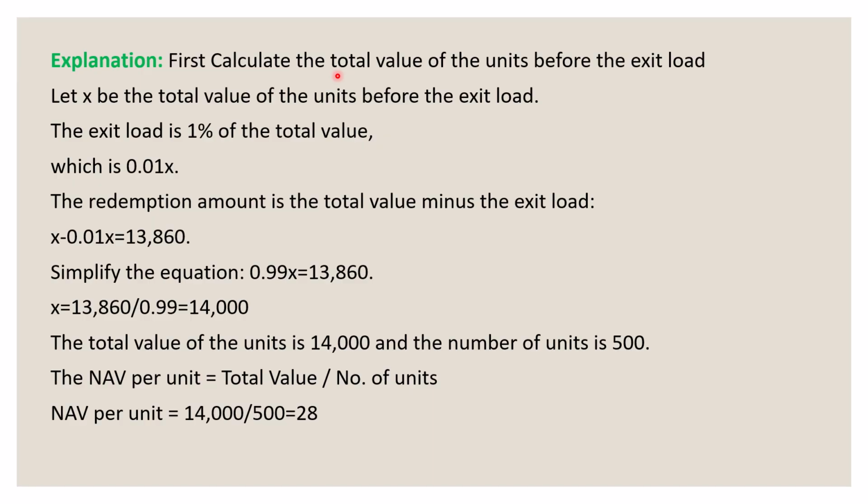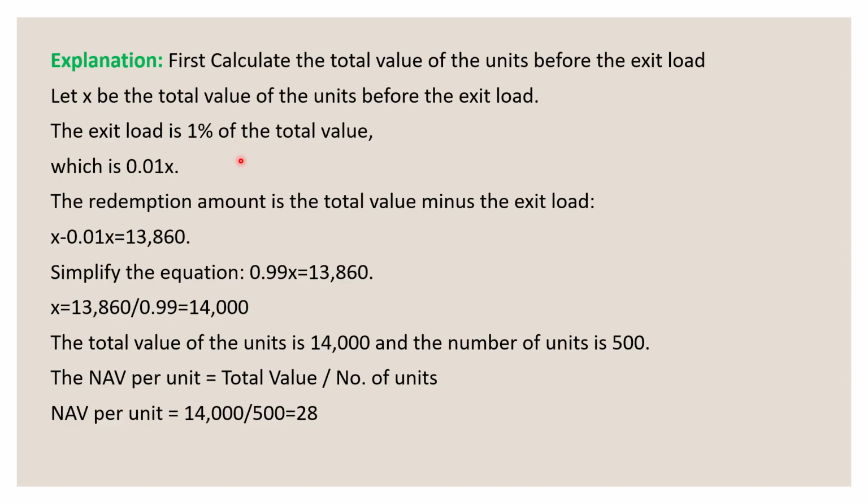First we need to calculate the total value of the units before the exit load. Let's assume x is the total value of the units before the exit load. The exit load value is 1% of the total value, so it is 0.01x.